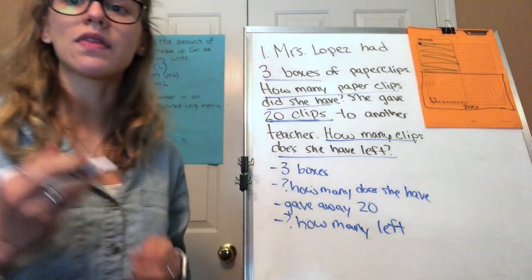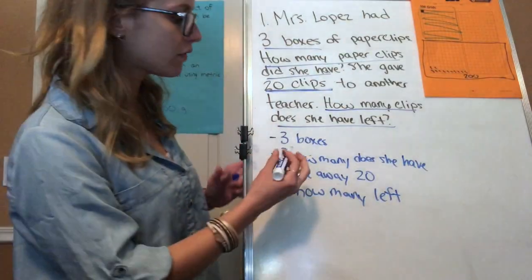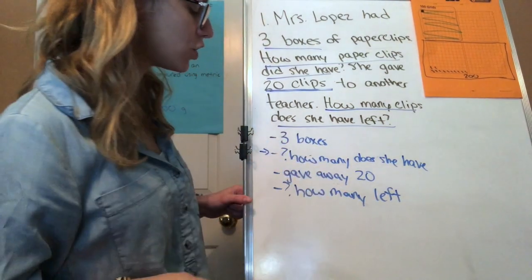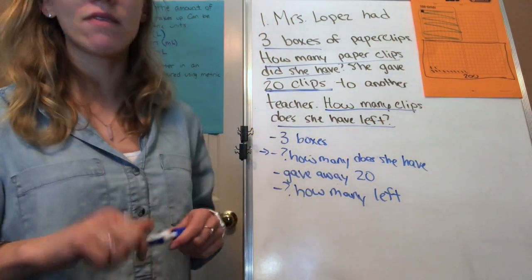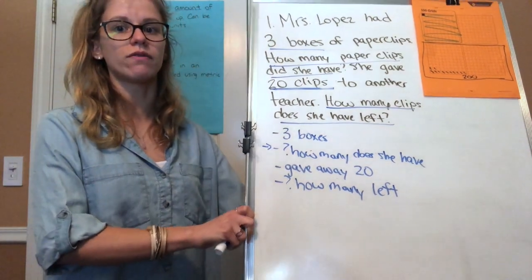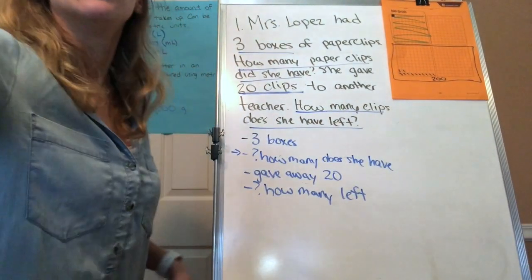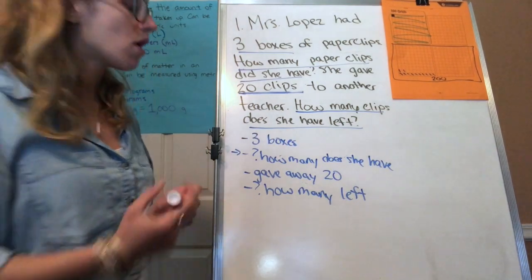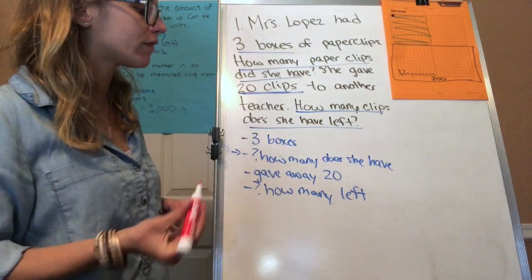What I notice is that this is a 2-step word problem. We first need to figure out how many she has, and then how many she has left after she gave some away. So this is 2 steps that we need to solve for. First I need to figure out how many she has.